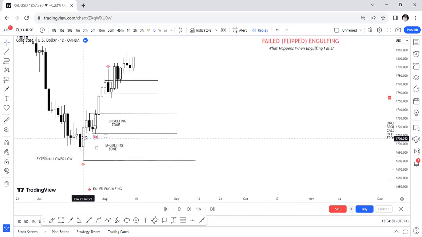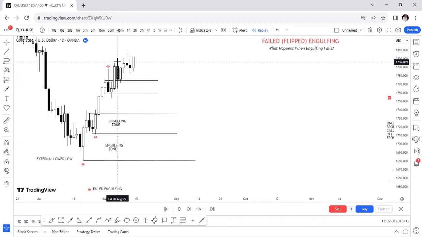Now, if we mark this as an engulfing zone, we've marked about 1, 2, 3 as our engulfing zone. Here, price is supposed to come back into the zone. Price moved, it got retested here. You buy above, got retested.